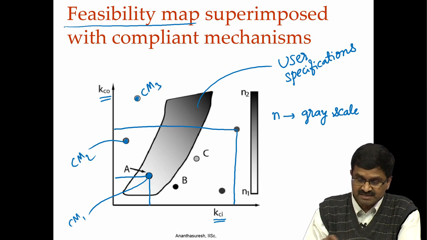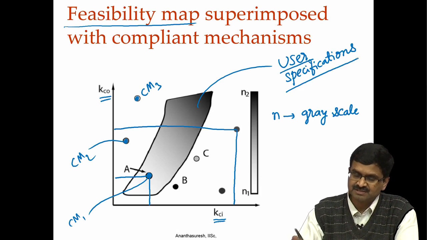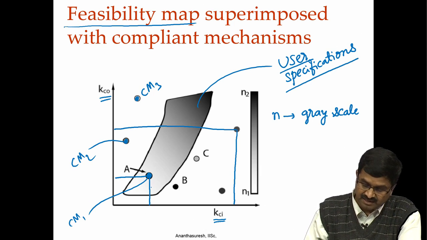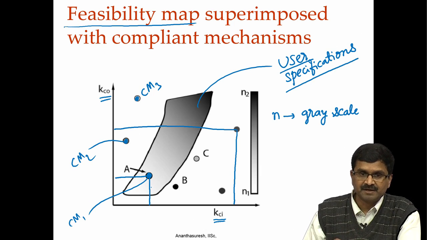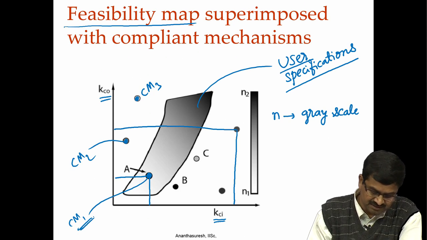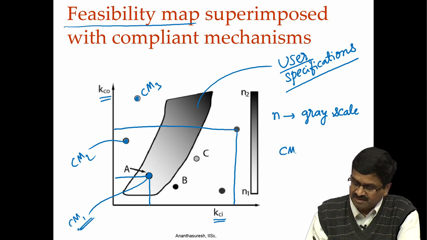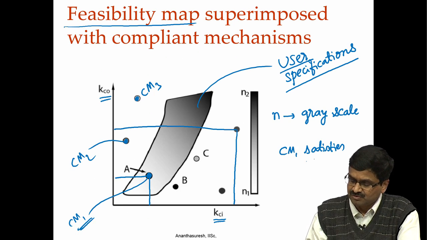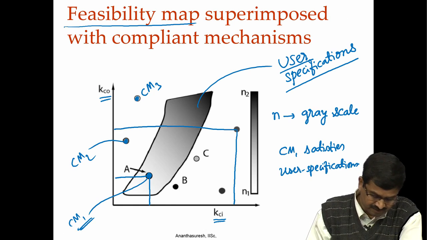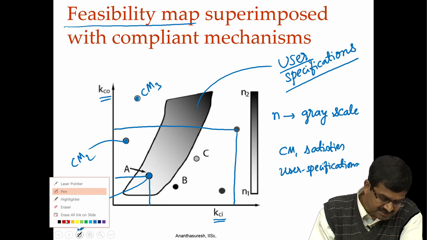Whichever is lying inside the user specifications based feasibility map, then we say that compliant mechanism satisfies the user requirements. In this particular case, CM1 is inside, so CM1 satisfies user specifications. That is what we can conclude here. So, it is as simple as that.